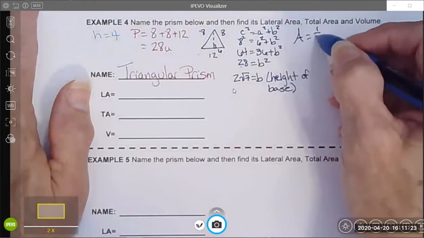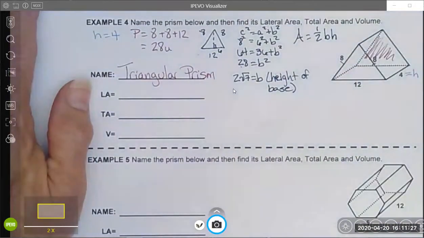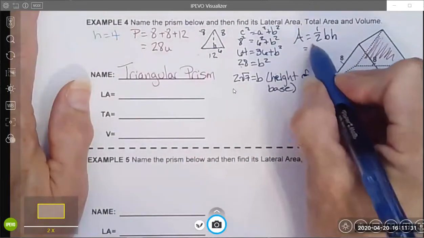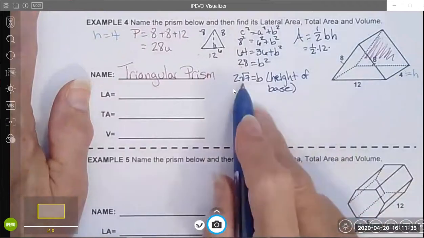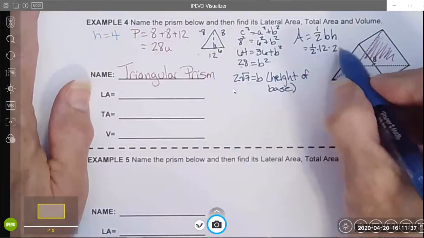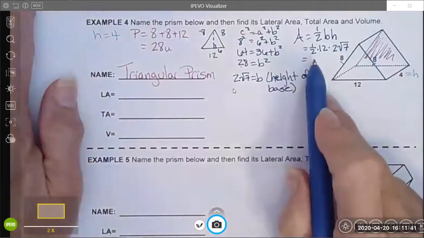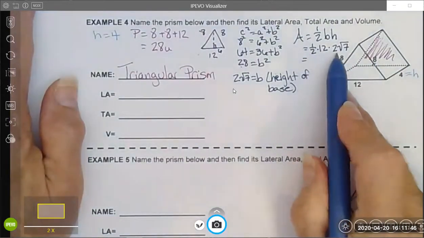That is going to be 1/2 base times height. That's learning that we had in the last unit. In this case, the entire base is 12. And we just calculated the height of this base as being 2 square root 7. I'm going to simplify. Half of 12 is 6. 6 times 2 is 12.